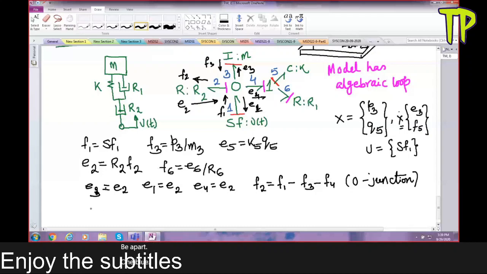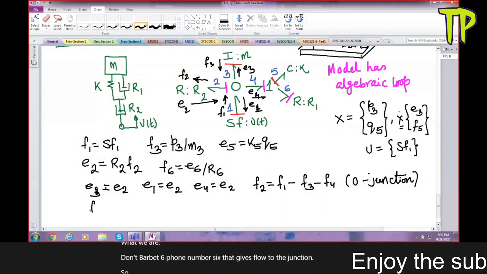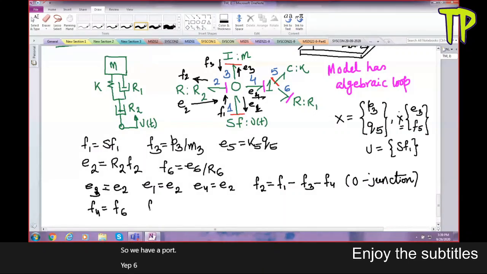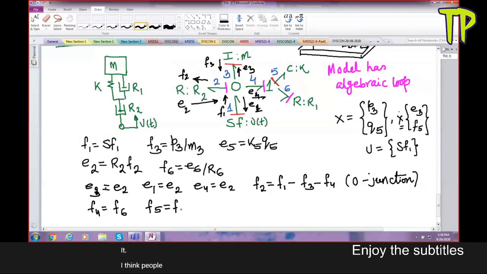Then for the one junction, what do we have? The strong bond is bond number 6, which gives flow to the junction. So we have F4 equal to F6, F5 is equal to F6, and E6 is E4 minus E5.